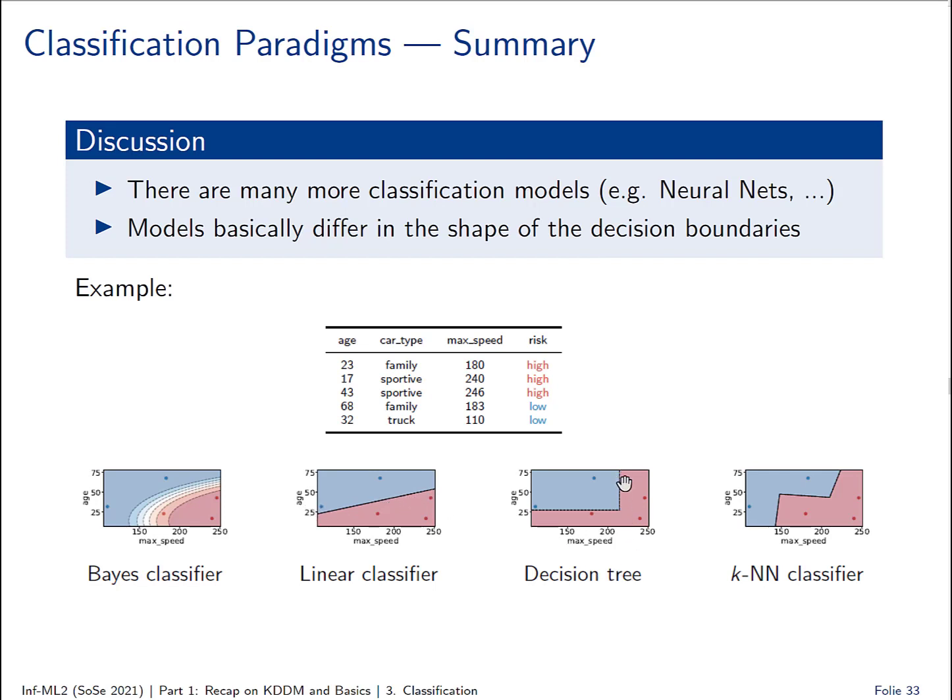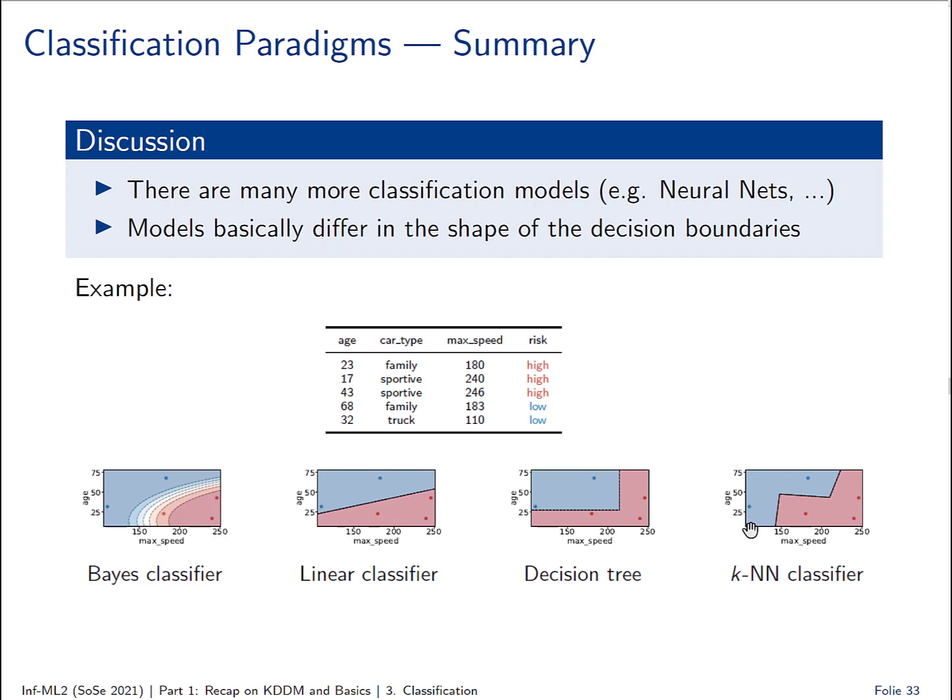Decision trees are also linear, but well, not non-linear, because we have a combination of several axis-parallel linear separations. k-nearest neighbor is non-linear in the sense that it somehow creates something like Voronoi cells around the objects of the training data.